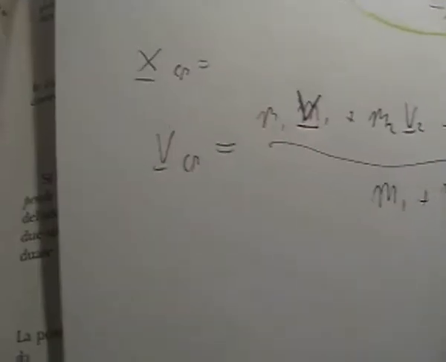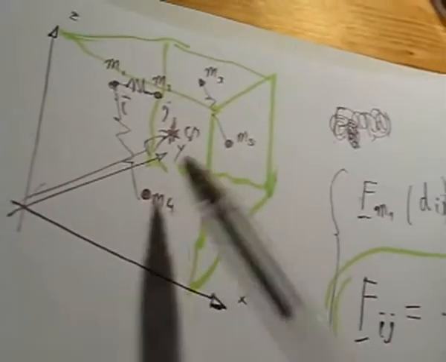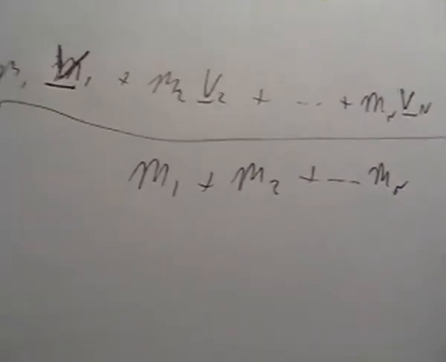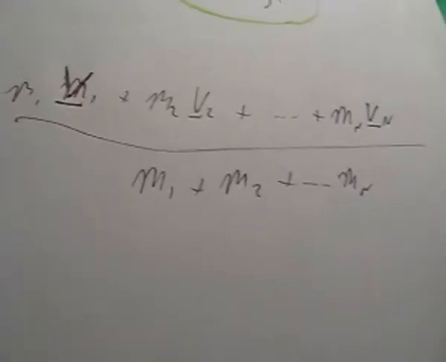We discovered that when only such internal kinds of forces act, this doesn't change. How to prove it is really simple. We don't bother with it. Look it up in a book.